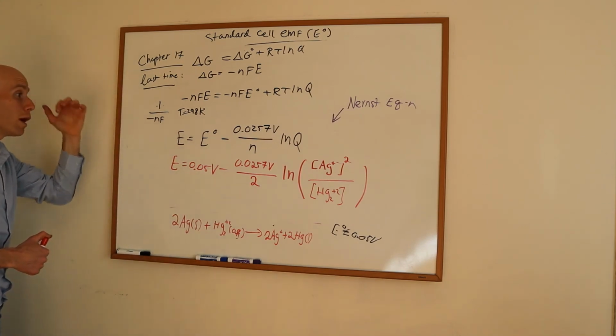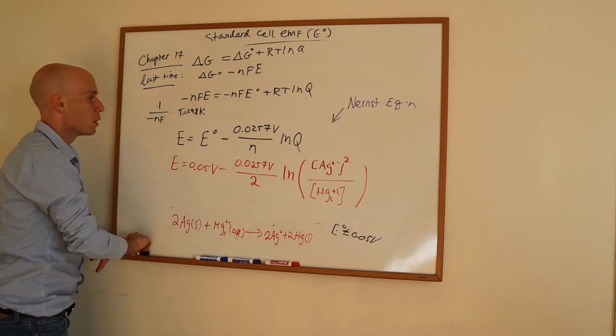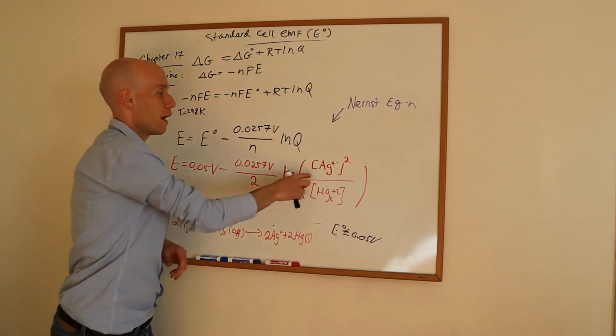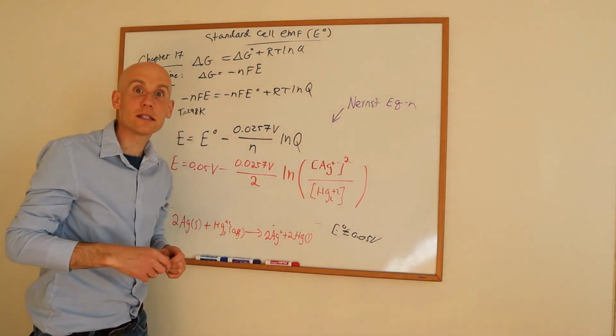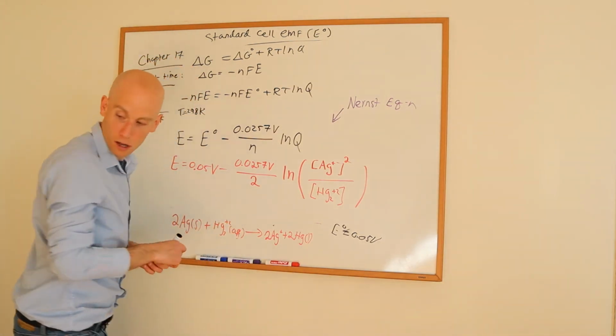And what do you think happens? Let me try a hypothetical. What happens if this value is reduced to, say, 0.075? Okay, this is an example here. So what happens?